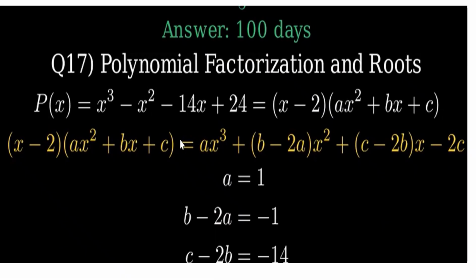A times x is equal to ax cubed, and then a times bx, we'll be getting bx squared, and then this we will be getting cx. Then negative 2 times ax squared will be getting negative 2ax squared.